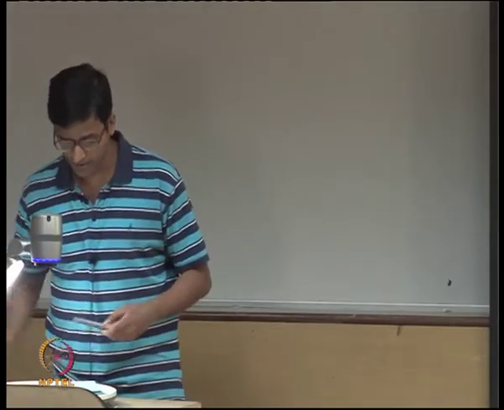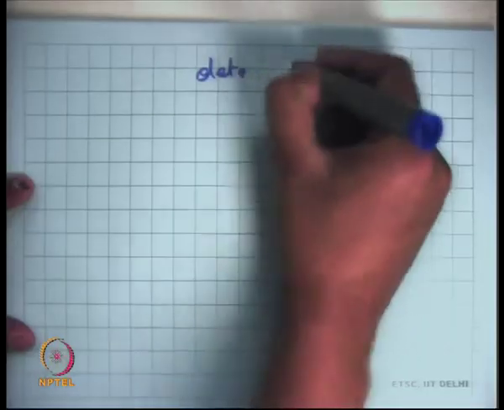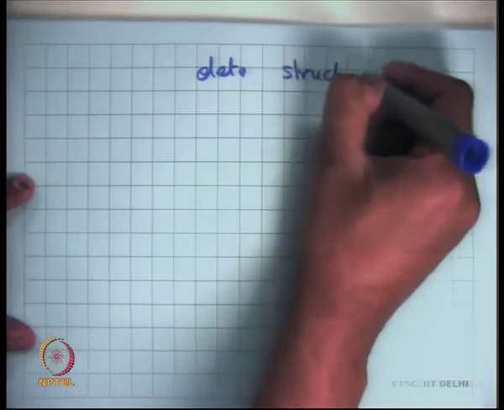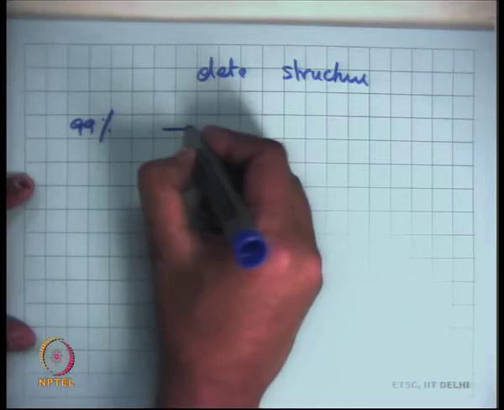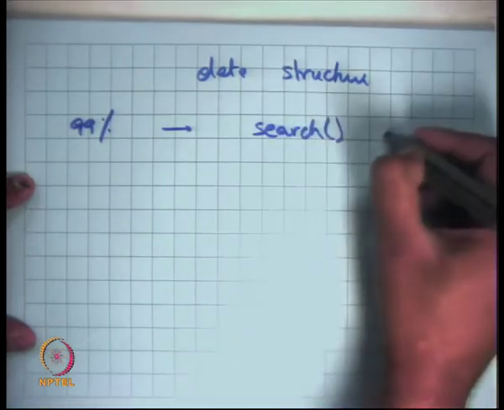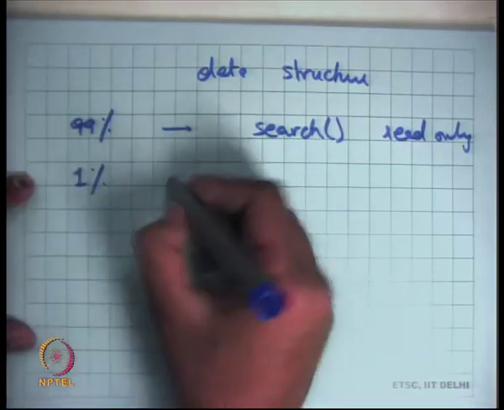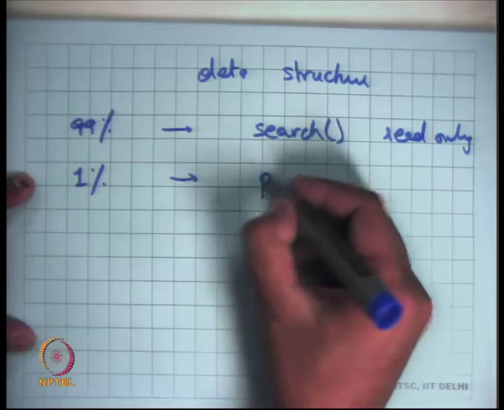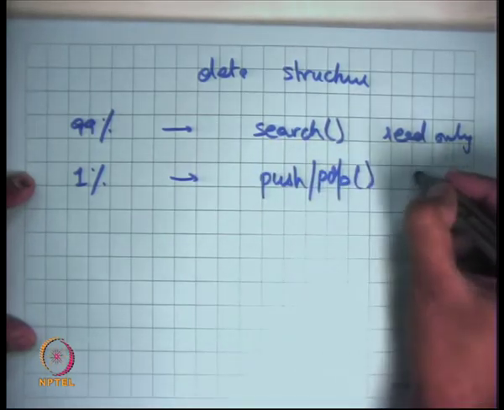Okay, so we said let's take a data structure, and let's say 99% of times you are calling search on it, which is a read only access, and then 1% you're calling, let's say, push and pop, right, which is read write access.